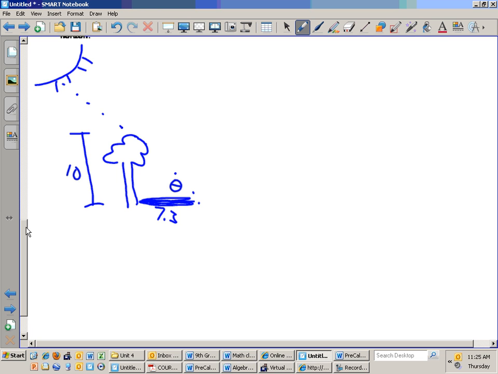We need the angle. Well, can you write a trig ratio that relates these pieces together? Tangent of theta is equal to what? 10 over 7.3.